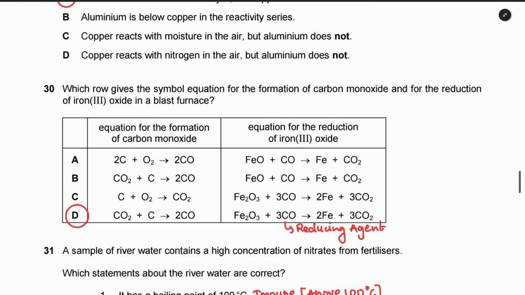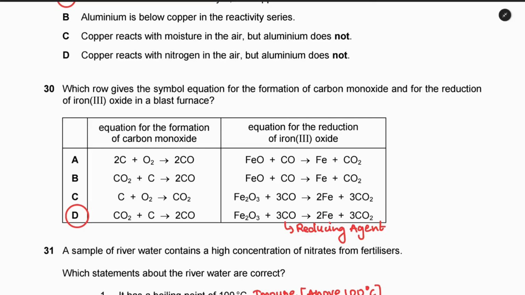Question number 30. Which row gives the symbol equation for the formation of carbon monoxide and for the reduction of iron trioxide in a blast furnace? So this is a blast furnace where we have seen how carbon dioxide reacts with carbon to form carbon monoxide.